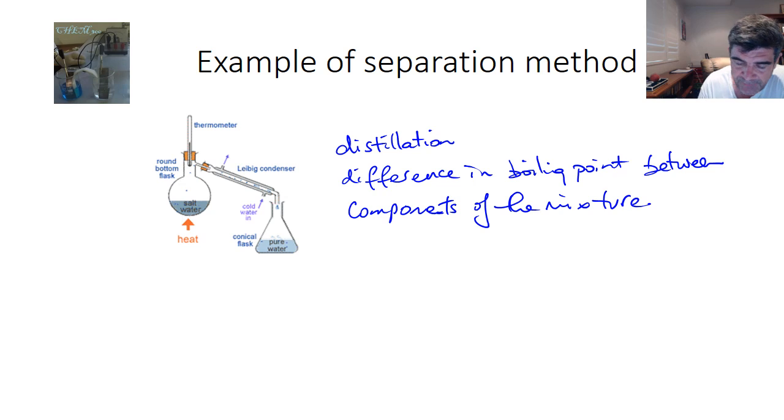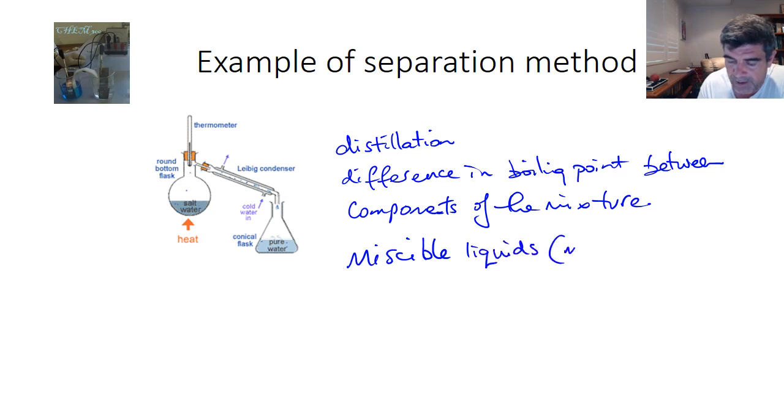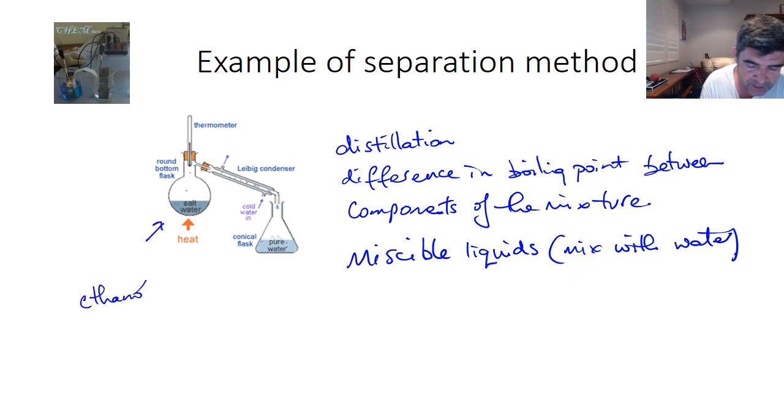Usually this happens for miscible liquids, which just means that they will mix with water. So we rely on the fact that there's a difference in the boiling point, and often what we will do is use something like ethanol in water, or here you can see we've got salt water.